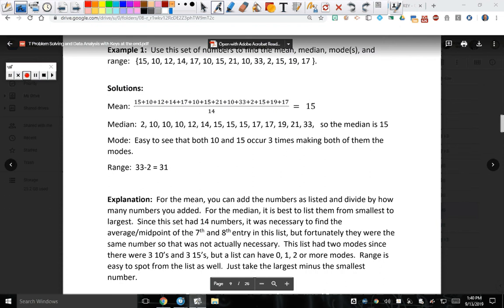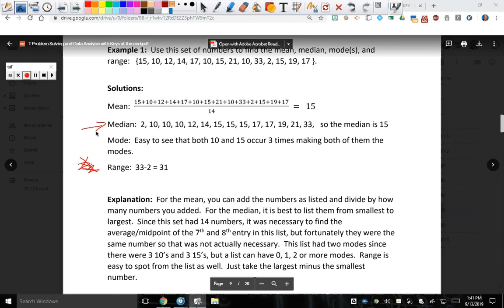Range, because of domain and range being ingrained in our heads, please don't forget that range is the highest number subtracting the bottom number. So range, the high minus the low. We're not talking about domain and range. So the highest number that we have from our data list, we're going to just subtract the bottom and we get our range. Median, it's just the middle number.